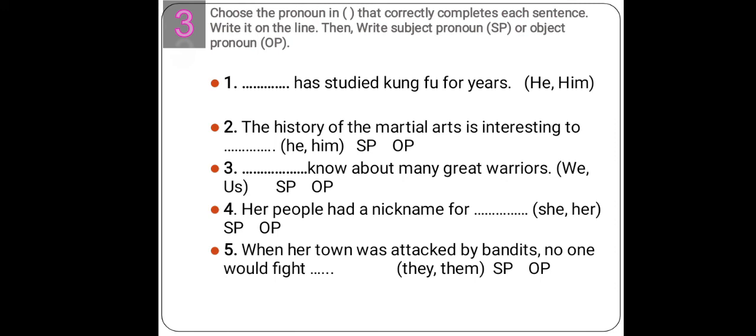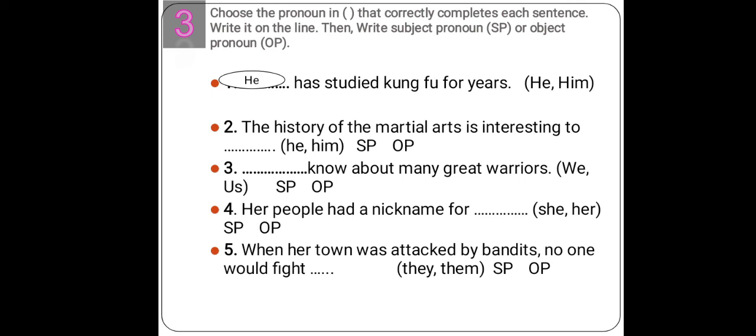Let's see the example. First one. So something blank has studied Kung Fu for years. So do you think we should start the sentence with him or with he? Right, it's he. We need a subject here. So he has studied Kung Fu for years.